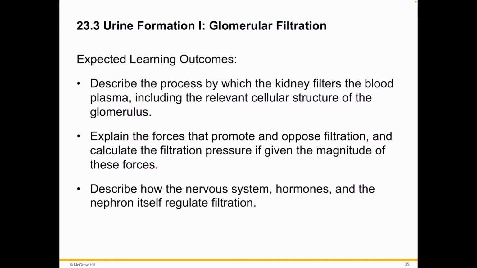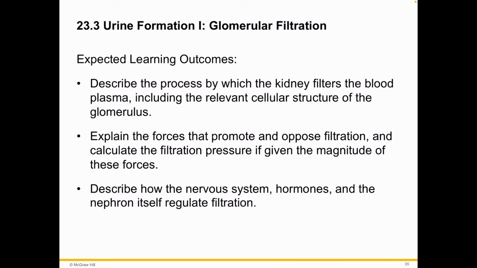Things we expect you to learn in this chapter, or the takeaways, are that we hope you can describe the process by which the kidney is going to filter the blood plasma. We already started talking about that in terms of the glomerulus and filtering out or processing blood plasma into filtrate, and then either into urine or back into the bloodstream.